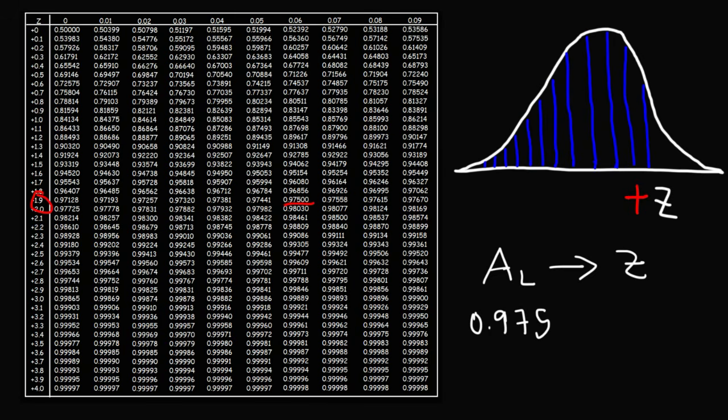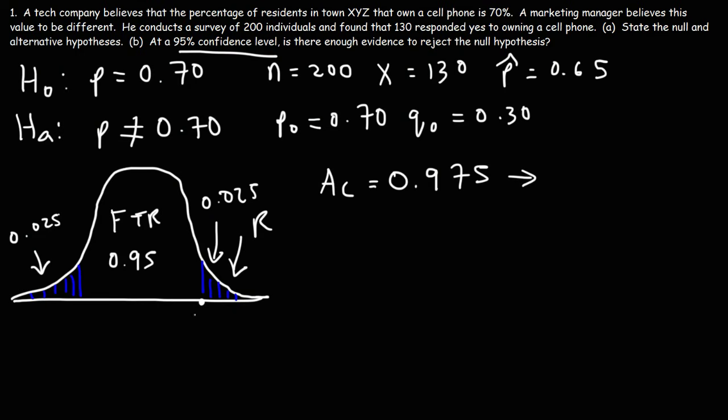So we need to add 1.9 and 0.06. So that's going to give us a z-score of 1.96. So if the right side is positive 1.96, that means that the left side has to be negative 1.96. So these two z-values, they represent our critical values.